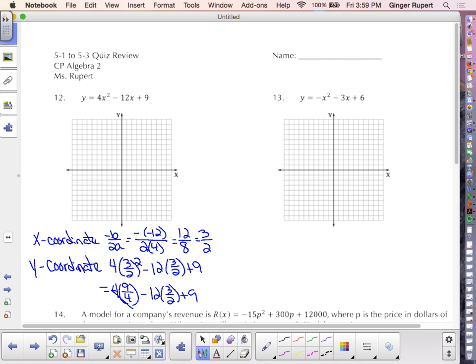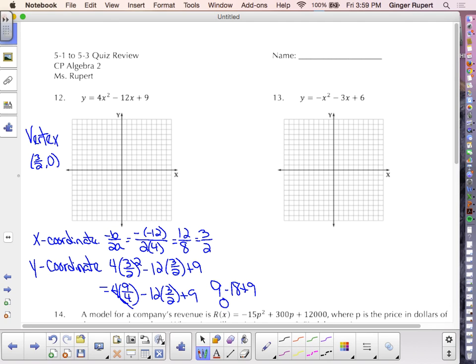They will cancel. That will become 9 minus 18 plus 9, which is a 0. So it looks like I have a vertex. Let me write that over here. A vertex at 3 halves and 0.